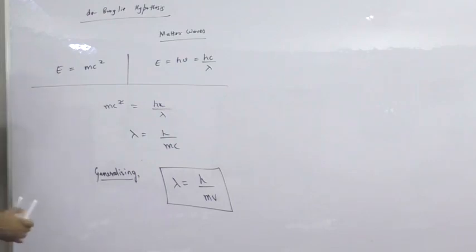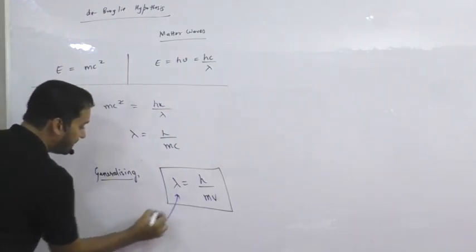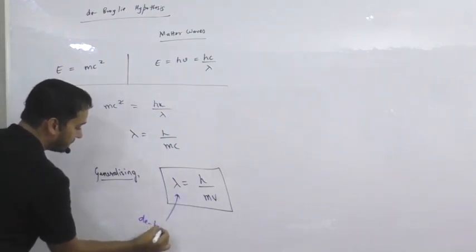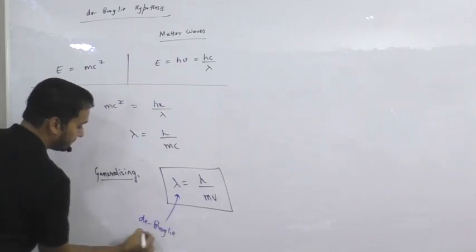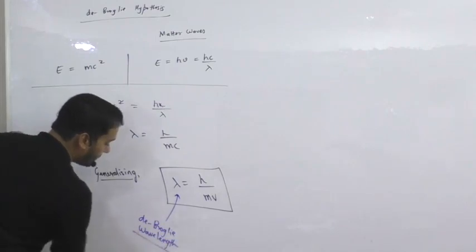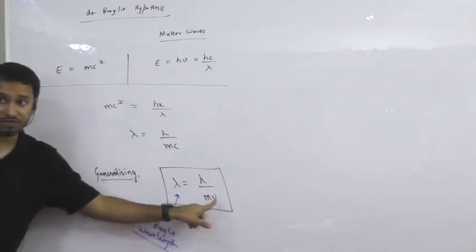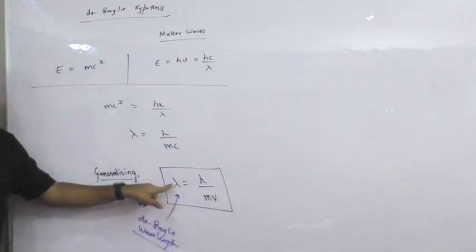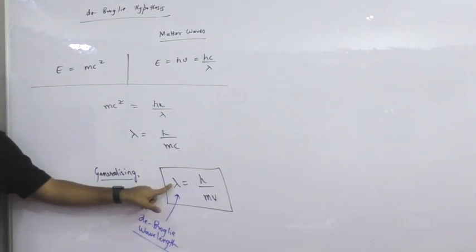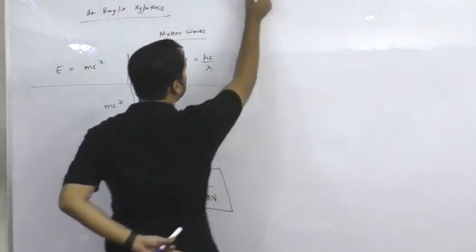And this lambda is known as the de Broglie wavelength. So a particle of mass m moving with velocity v will have a de Broglie wavelength lambda. Is it okay?